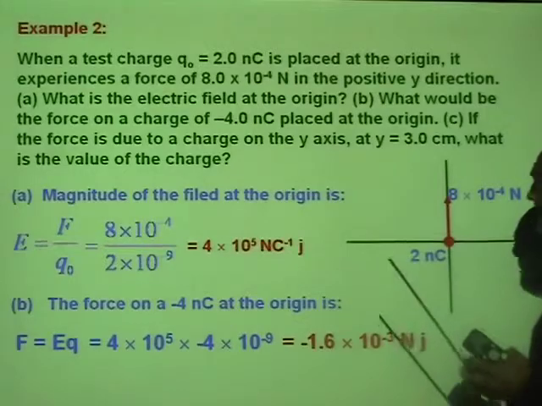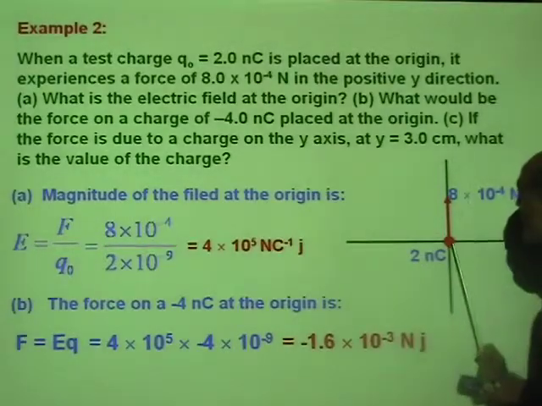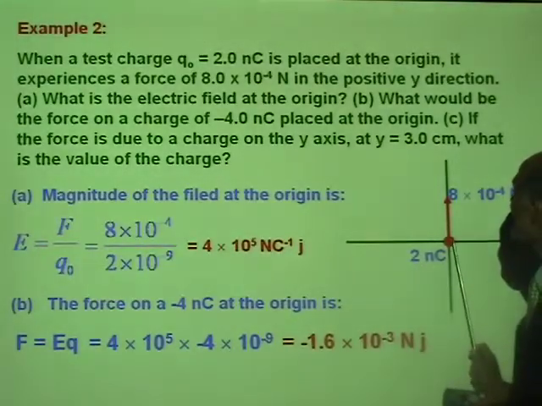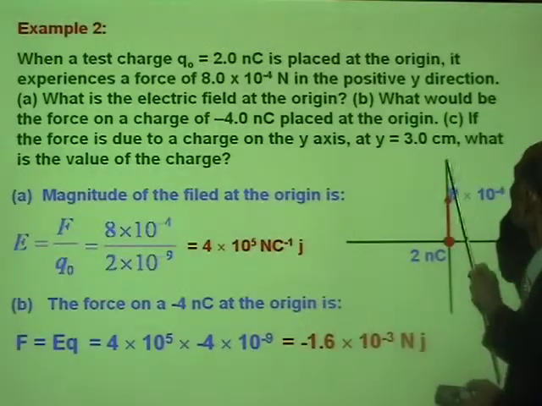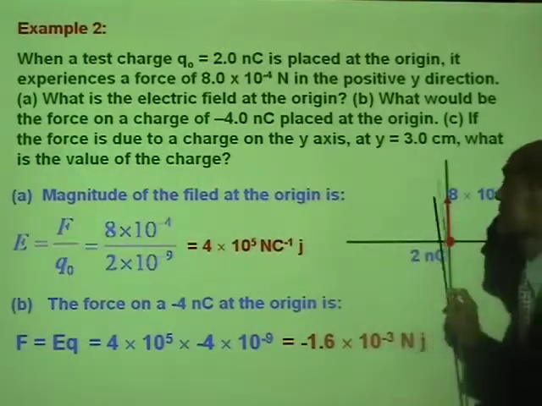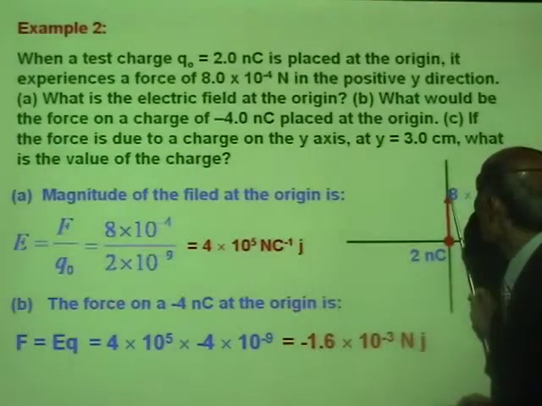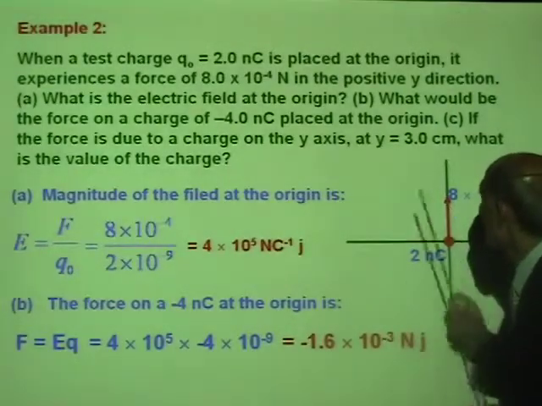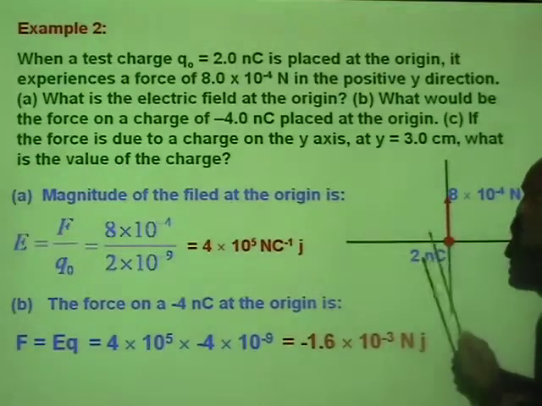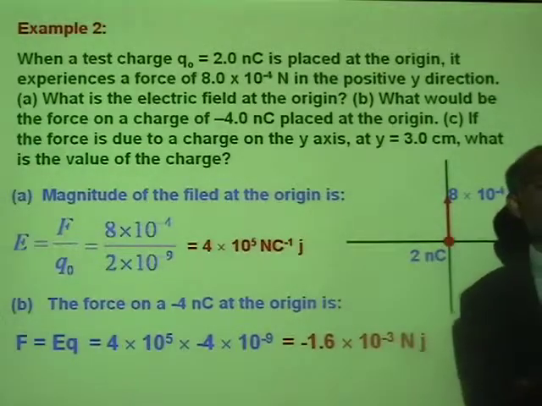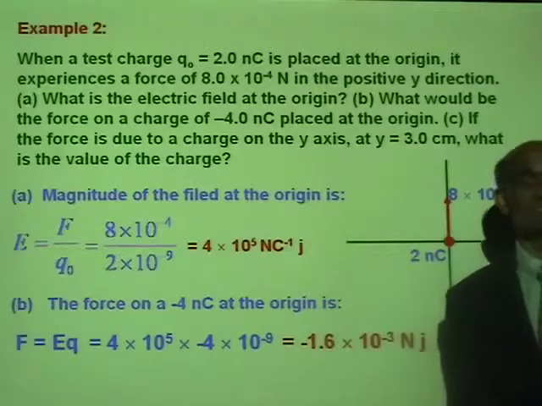Alright, can you tell me, if an electric field directed that way is to be produced by a charge placed at y equal to 3, what must be the sign of the charge? Will it be a positive charge or a negative charge?